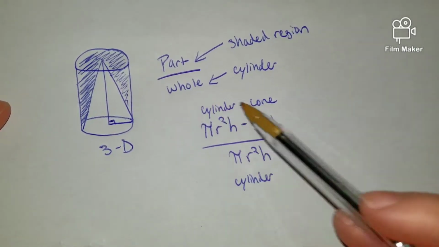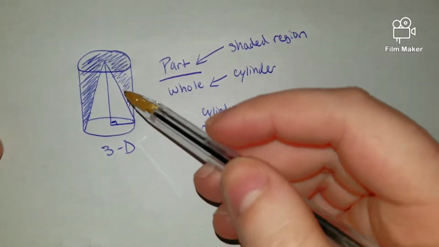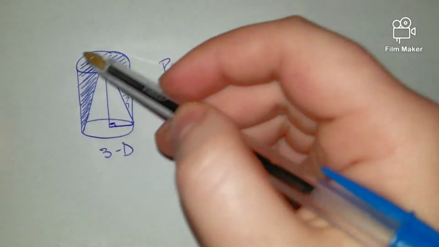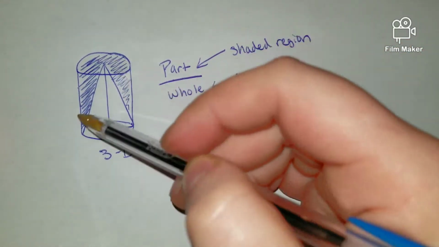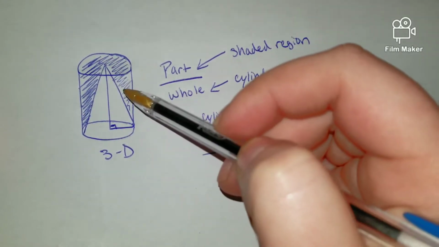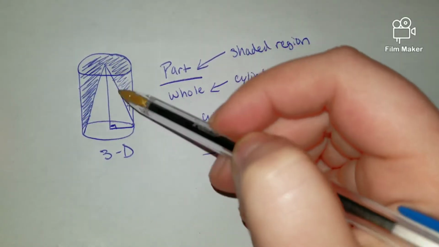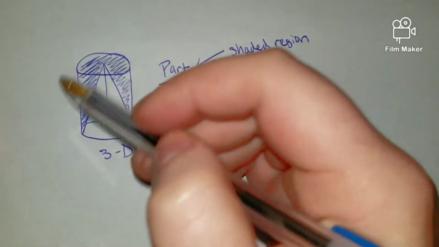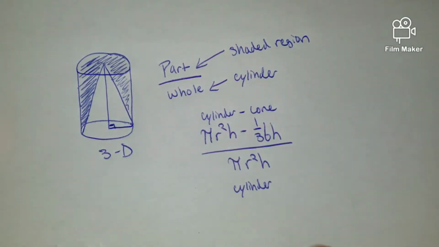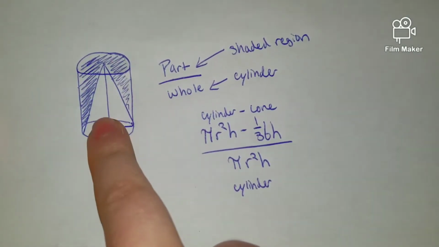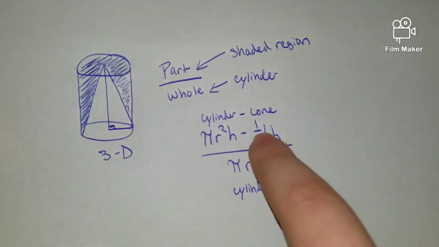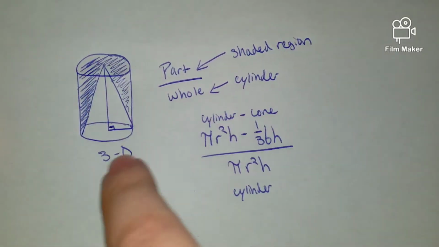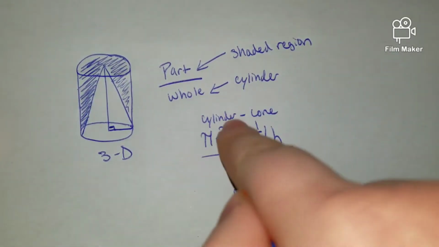And the reason we have cylinder minus cone is that we're trying to find the probability of choosing a point in this space that is not in the cone. To find this leftover space, we subtract what we don't want included in the part, which is the cone, from the whole, which is the cylinder. That's why it's cylinder minus cone.